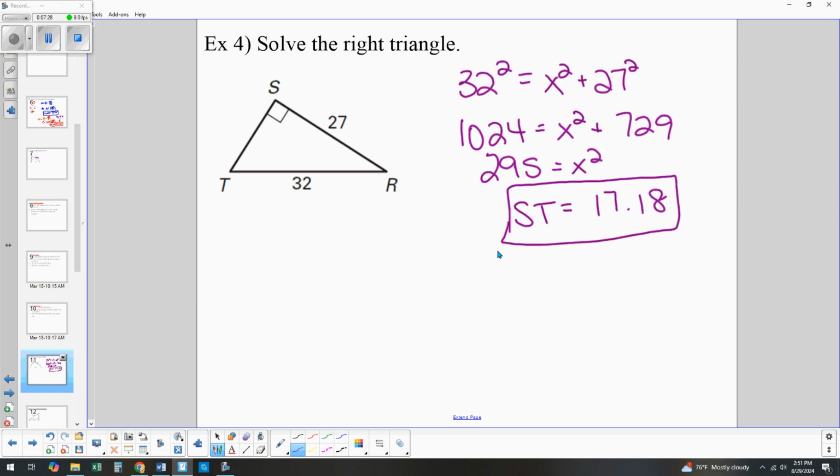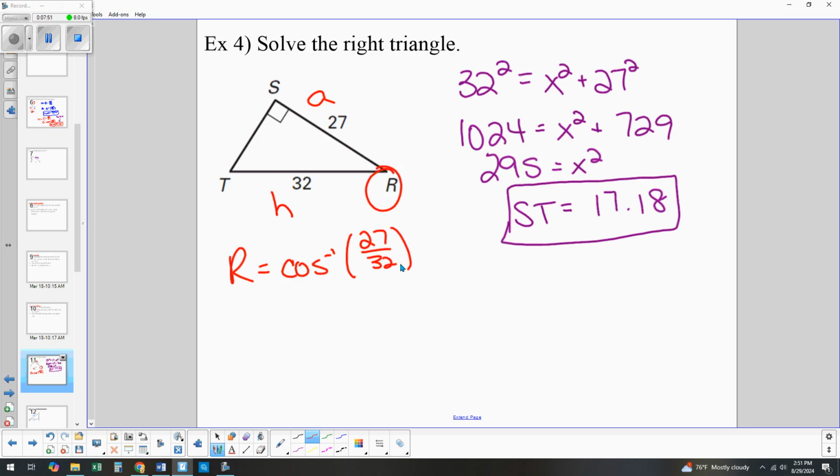All right, and now I'm going to work on solving for the angles. It doesn't matter which angle I choose. Let's say I chose R. 32 is the hypotenuse. This would have been opposite. This is adjacent. So using A and H, I know that R will be the inverse cosine of A over H, 27 over 32.